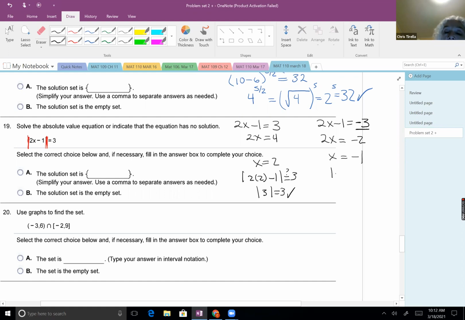And then let's see, does the absolute value of 2 times negative 1 minus 1 equal 3? Well, that's negative 2 minus 1, or the absolute value of negative 3 equals 3. So it also checks. So I do have 2 solutions, and they are the numbers 2 and negative 1. That one okay?